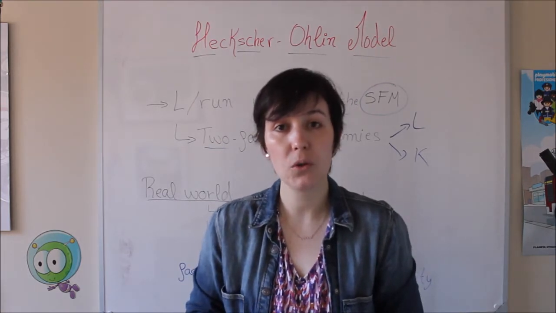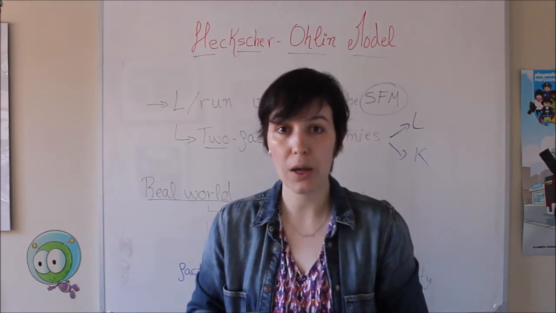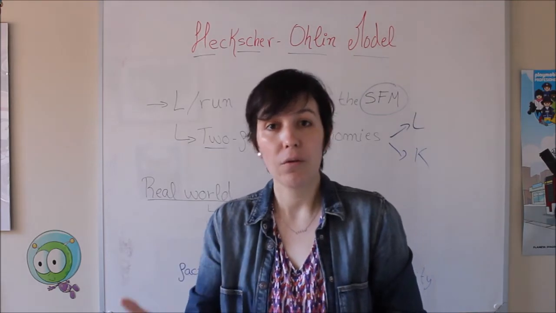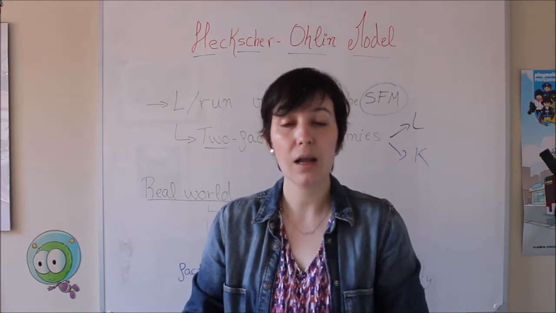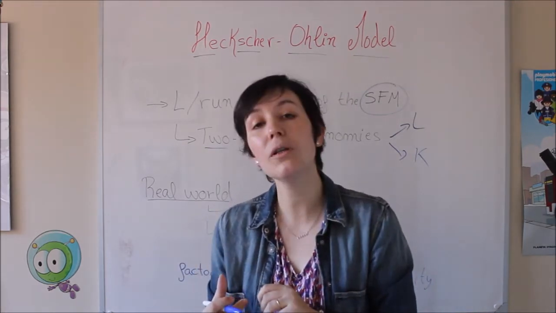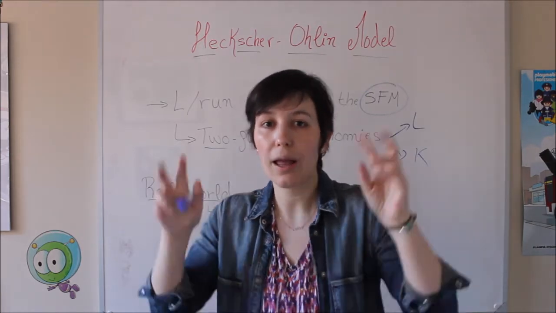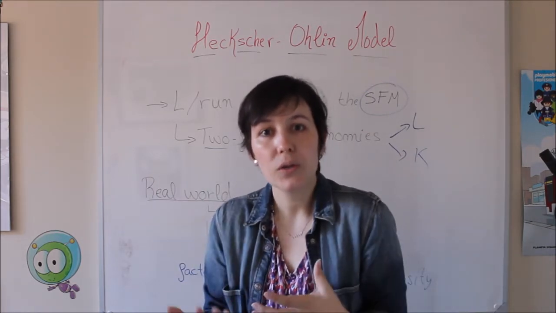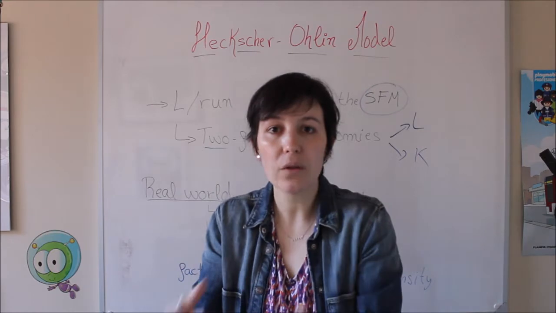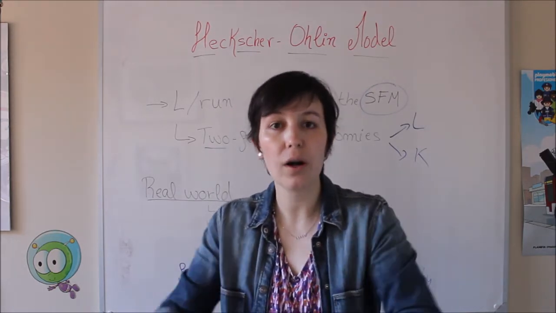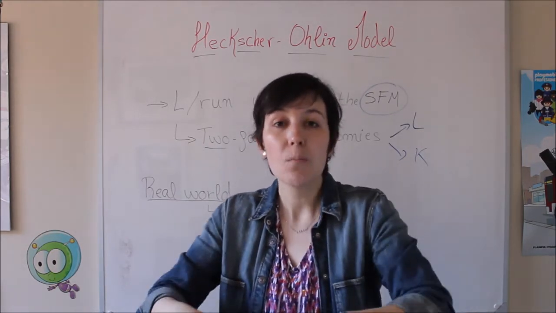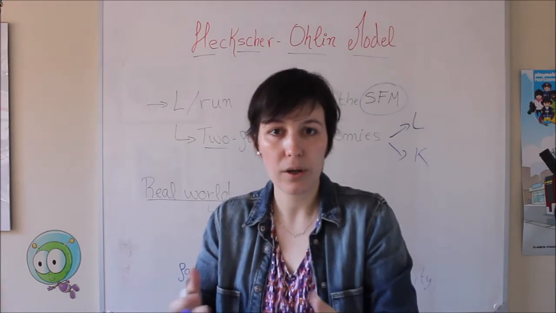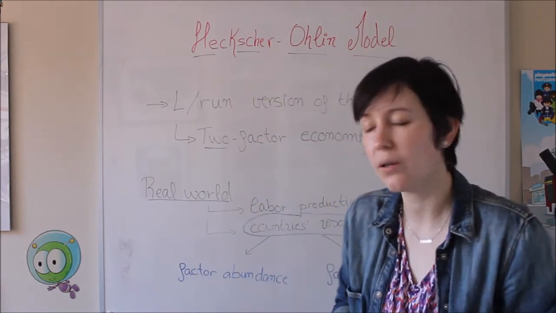And always it's going to be in relative terms, okay? You can have a lot of labor and a lot of capital, more than in a different economy, so in absolute terms you are like the best, but we are going to see in which one of the two production factors you are even better, you are more abundant than in the others, okay? So always it's going to be in relative terms.